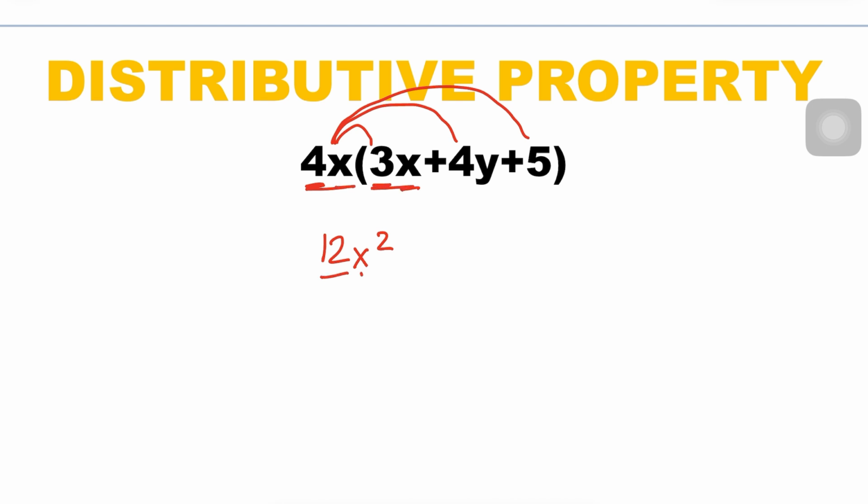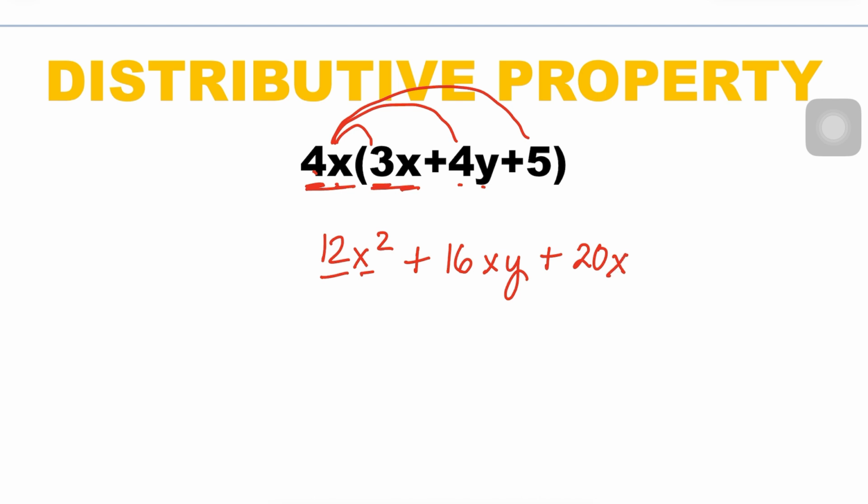X times x, x squared. Plus 4 times 4, 16. X times y, xy. Plus 4x times 5, 4 times 5, 20.